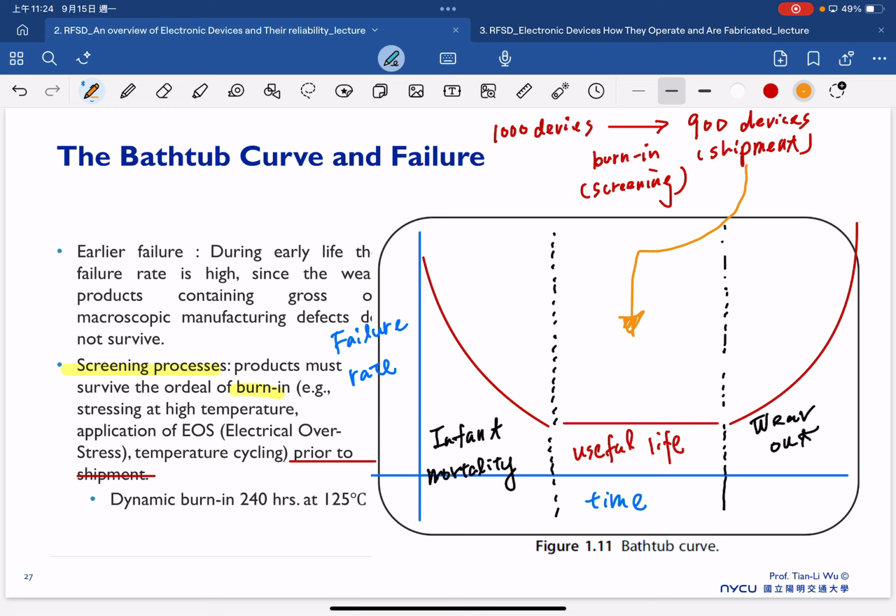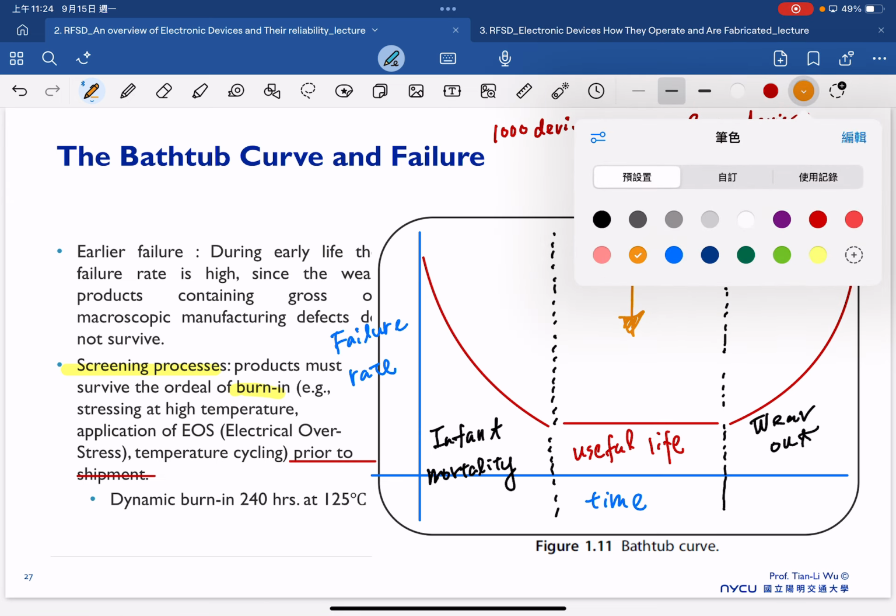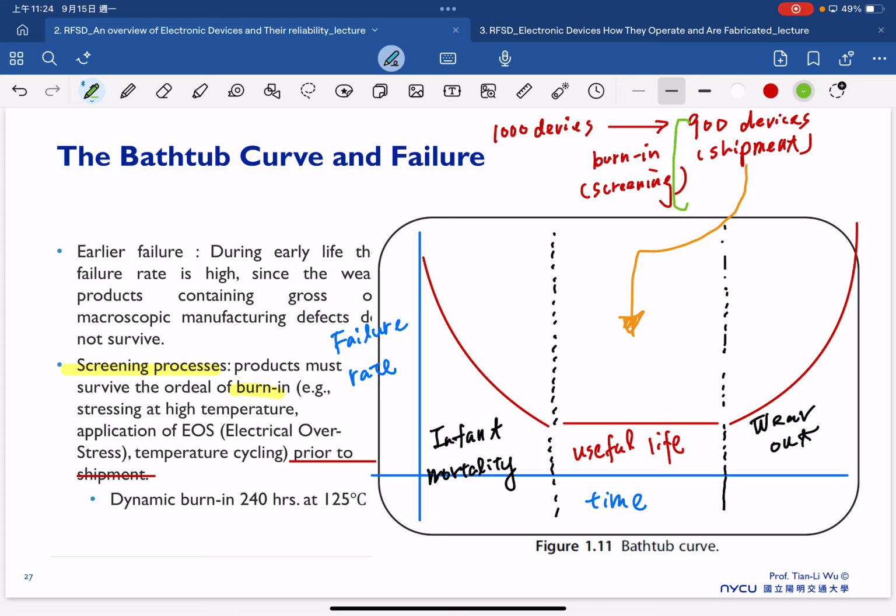So that's why we need the screening or burn-in technique to identify which product has an early failure. 900 devices are good, but 100 devices have an early failure, and then we have to apply this burn-in and screening.